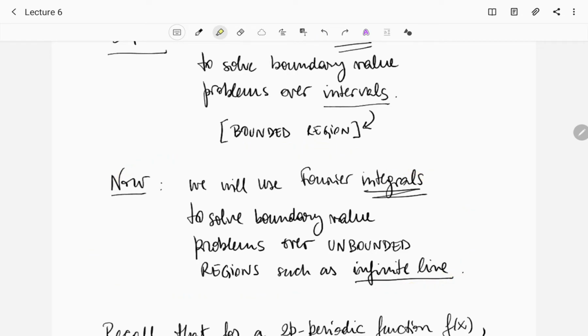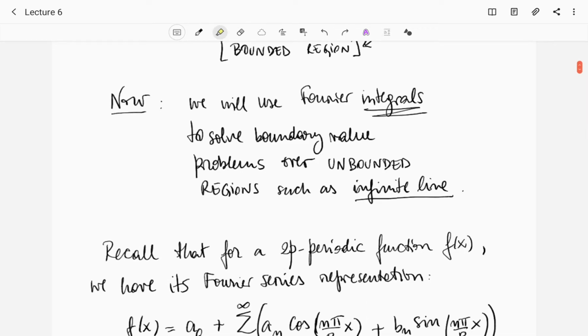We are going to see Fourier integrals, having in mind that we were going to use these guys, or kind of these guys, to solve partial differential equations in unbounded regions.